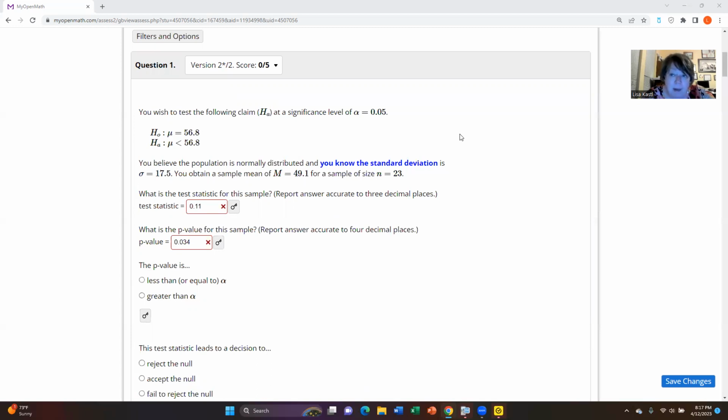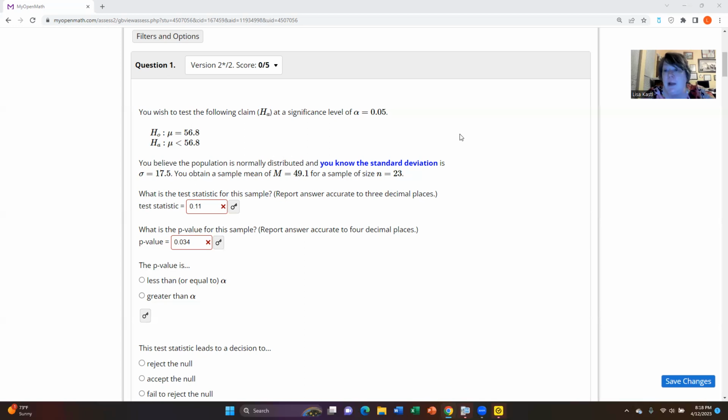Every null hypothesis contains equality, so it's either less than or equal to, greater than or equal to, or equals. I know this is a z-test because they have even highlighted in blue that I know the standard deviation of the population is sigma equals 17.5. Since I know that, I can use a z-test.